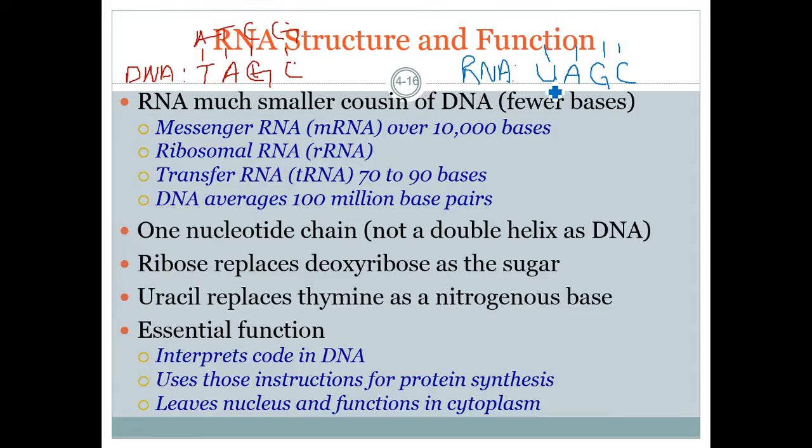Since U replaced T, U will pair with A, A will pair with U, G with C, and C, our cytosine, with our G. All you're doing is replacing your T's over here with our U's, with our uracil. So our thymines with our uracils, okay?